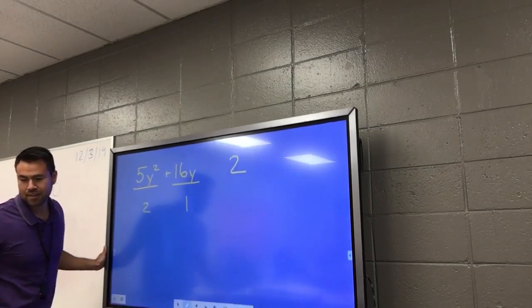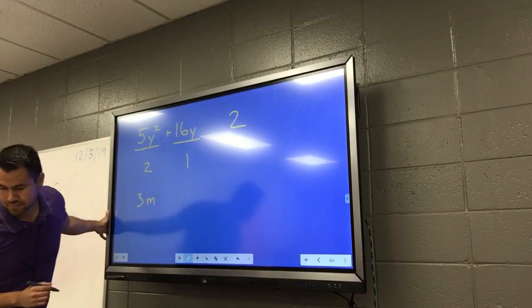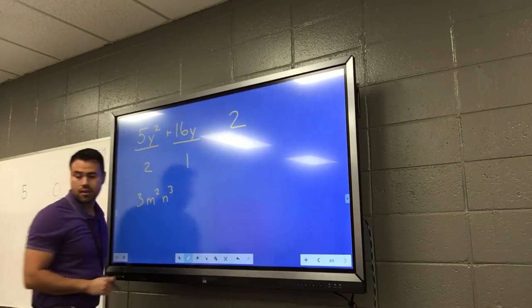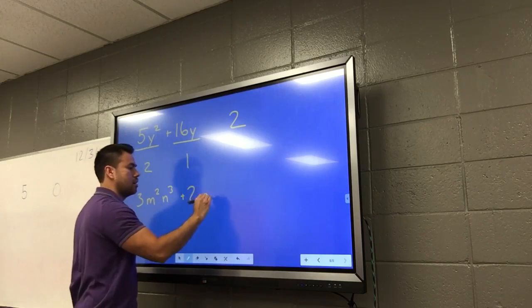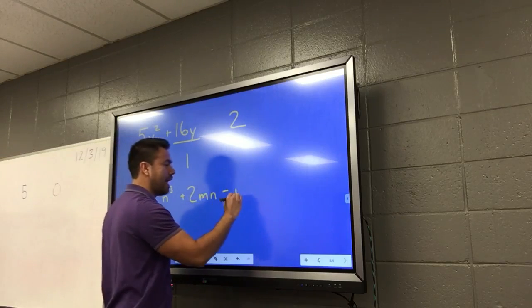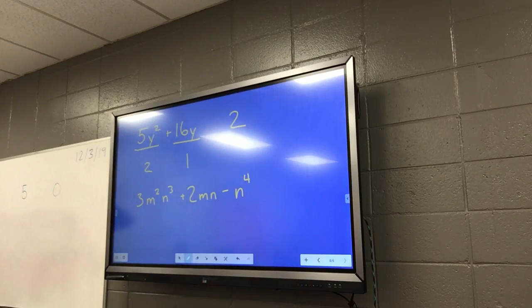Let's do another one. 3m squared and cubed, plus 2mn. Oh, don't worry, I'm not done. Minus n to the 4th. Okay, I want the degree of the whole polynomial. So get the degree of each monomial.